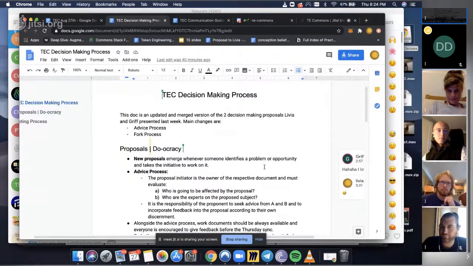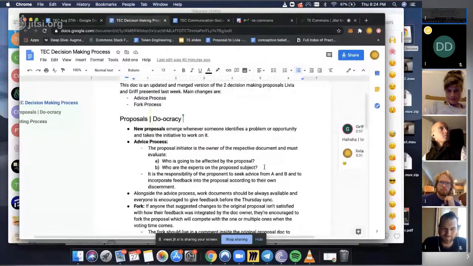Then Griff forked it to make a meta example of how we could work with proposal making. Then we decided to merge them both together to make it easier and more detailed. What is different now is we added an advice process and a more detailed fork process.